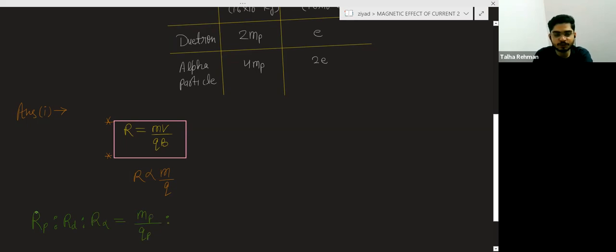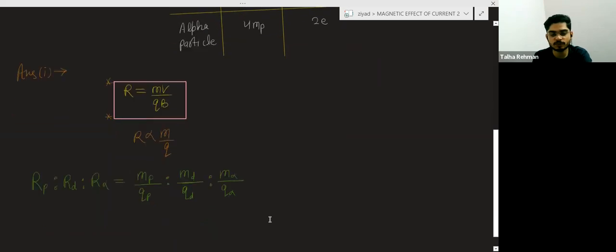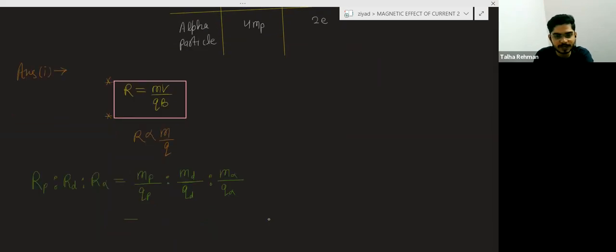Radius of deuteron is given by mass of deuteron divided by charge on deuteron. This ratio, mass of alpha particle divided by charge on alpha particle. So one by one we will put the values and we will get the answer.